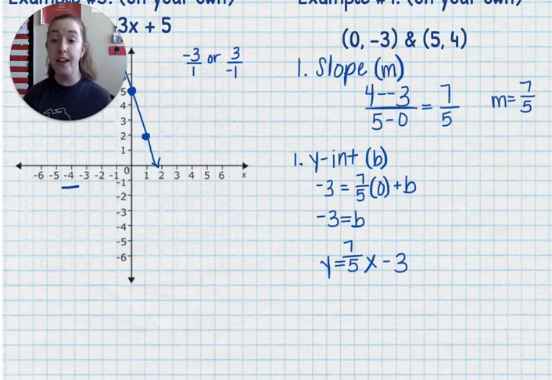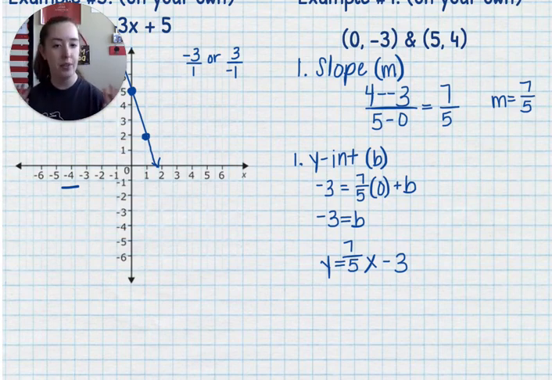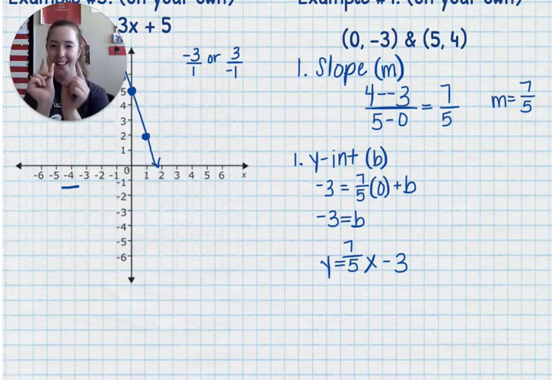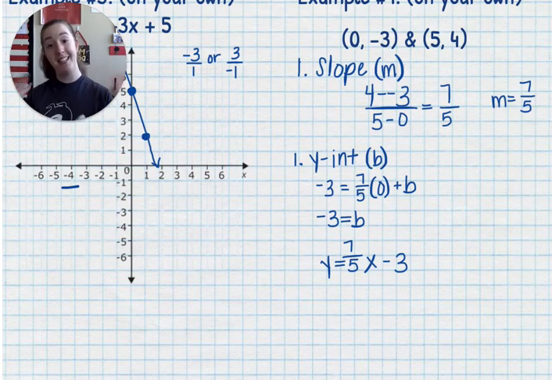Then to find the y-intercept, I thought 0, negative 3 would be really easy to plug in, right? So I went ahead and plugged in 0, negative 3 for x and y into the equation, and 7/5 in for m. And then we go through and solve for b. Then we just put our pieces in for m and b until y equals mx plus b, and we celebrate because we got that 7/5.